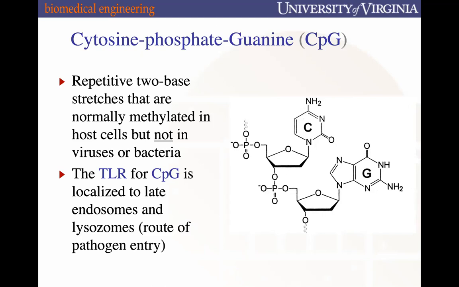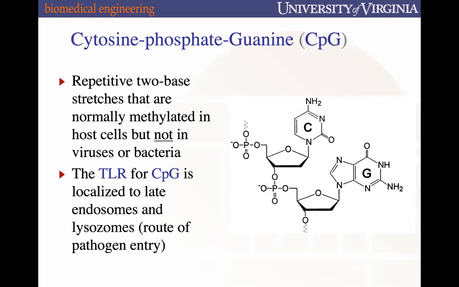But the key takeaway here is that bacterial DNA, when exposed within the endosome because they're being lysed open, TLR9 is present in the endosome and in the lysosome. So it's a really elegant system where they're lysed, and TLR9 is right there in the endosome or the lysosome to recognize if there's unmethylated CpG islands.